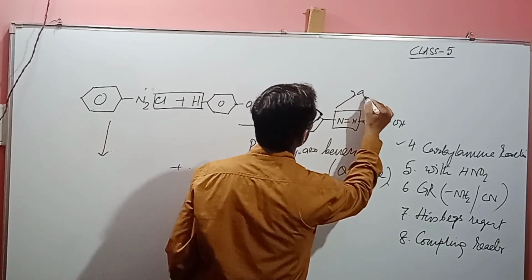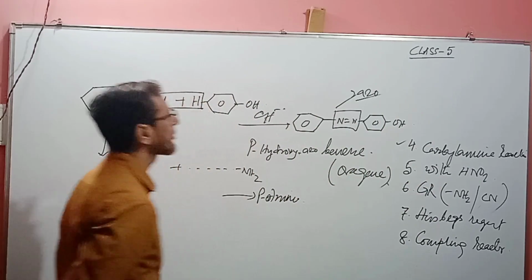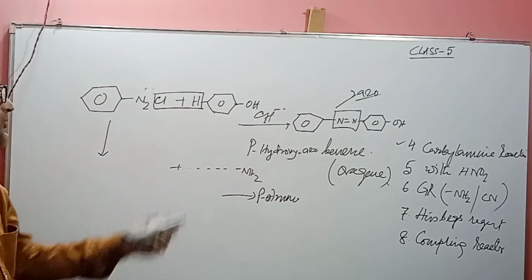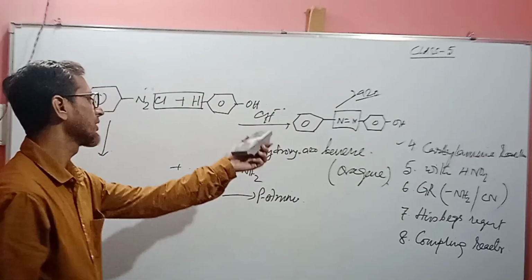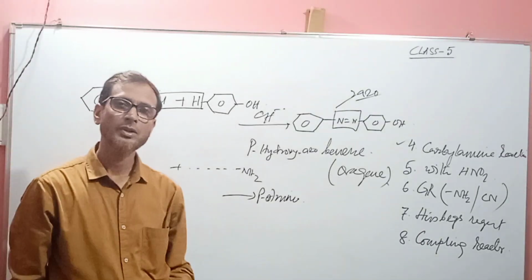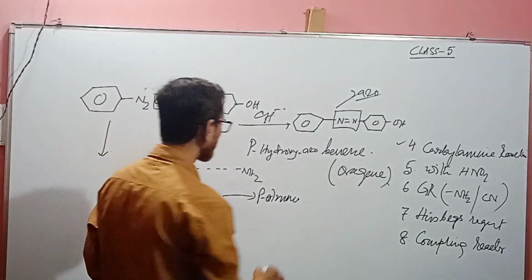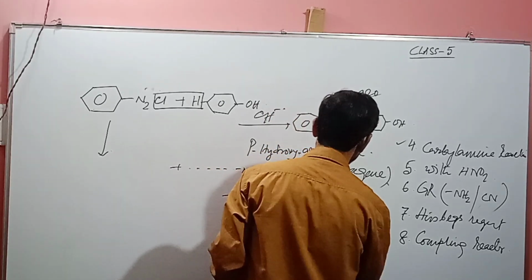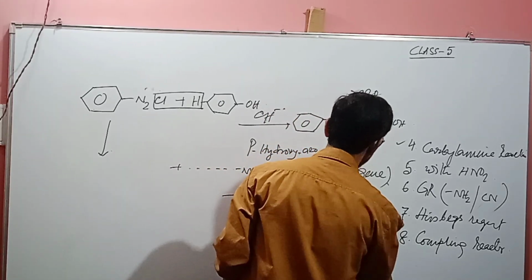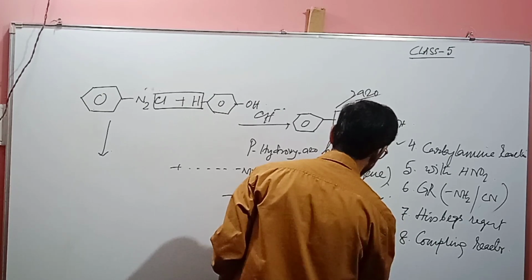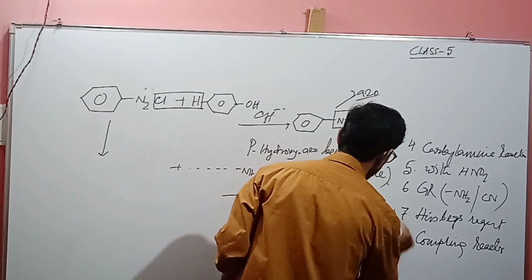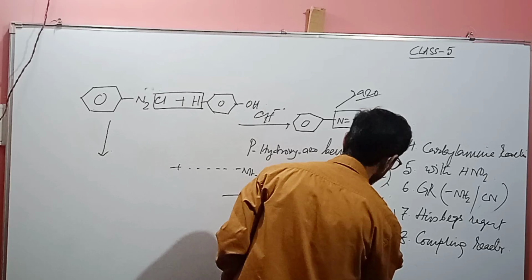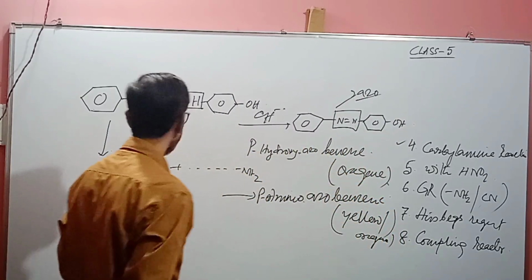It is a very important group, and the azo group is used extensively in the industry. Para-amino azobenzene, its color is yellow, but sometimes in exam the yellow option is not given. If it is not given, you can write it.